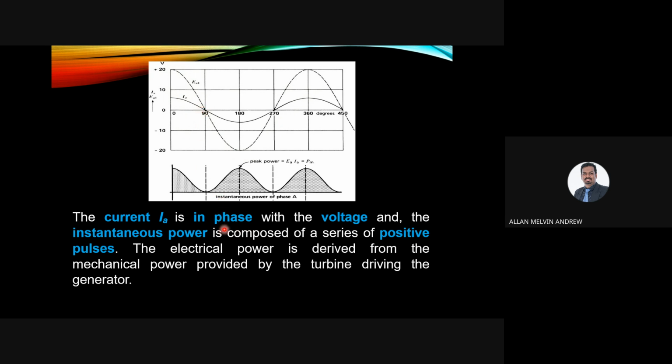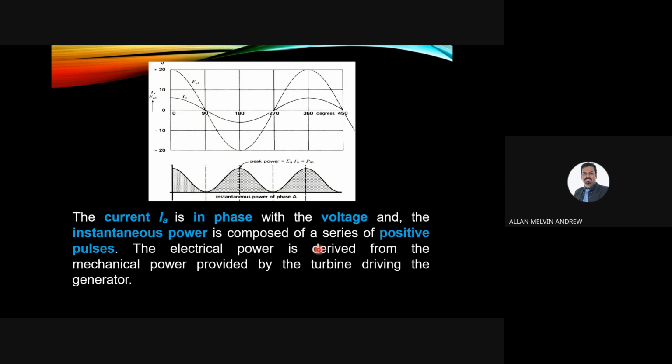So both are in phase with the voltage. Current is in phase with the voltage, and the instantaneous power is composed of a series of positive pulses. You can see, this is the power. When the power is generated, usually it will be positive. Negative power indicates a different direction.